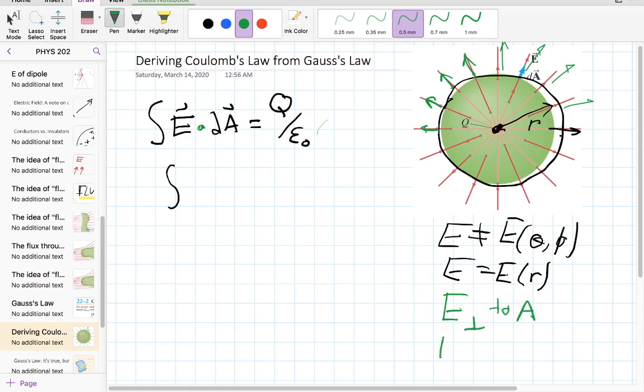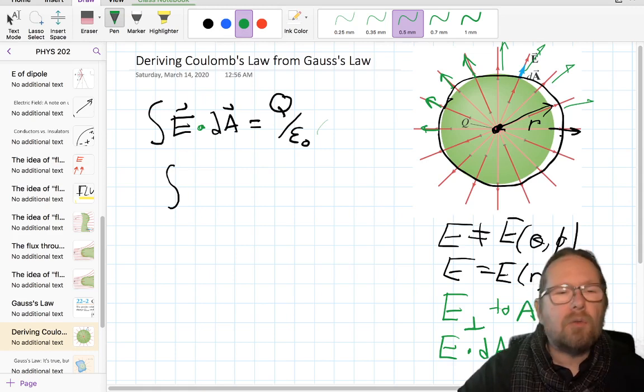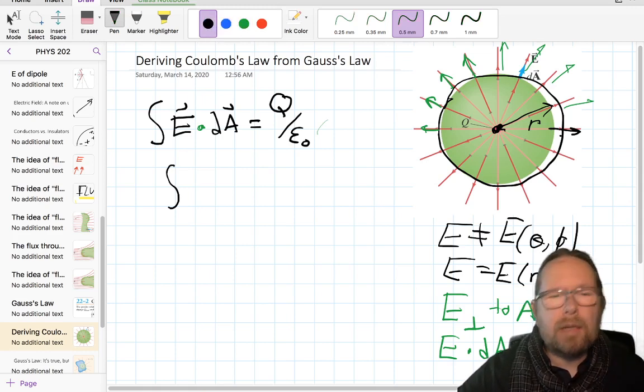So E dot dA is just equal to E dA. We don't have to worry about that dot product if those vectors are always aligned. That means I can write my integral here.